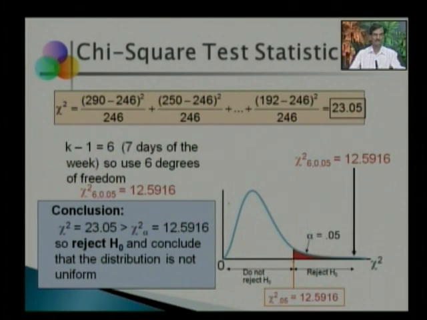In this case, chi-square calculated is 23.05, which is greater than the tabulated value 12.59. So reject the hypothesis. The conclusion is the distribution is not uniform.